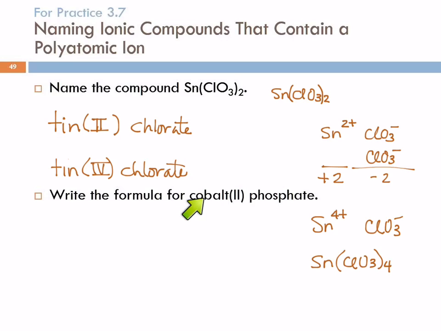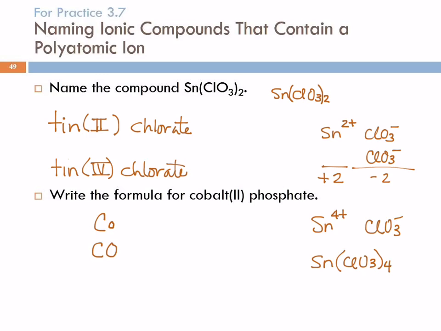Write the formula for cobalt 2 phosphate. What's the formula for cobalt 2 ion? Need the element symbol, right? Co. You've got to be careful with your sizes there, because C capital O, that's carbon monoxide. C lowercase o is cobalt, which is a metal.